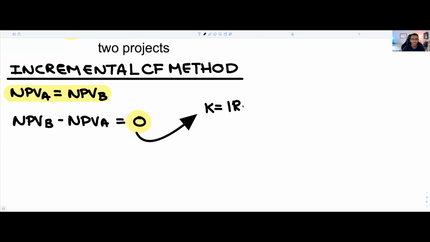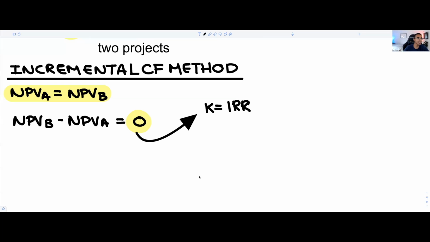The IRR is a very cool point because it's an objective point at which your NPV is equal to 0. But now we're telling you, hey, the NPV B minus NPV A is equal to 0. Well, maybe that discount rate that we're looking for is the IRR of the difference between these two projects.